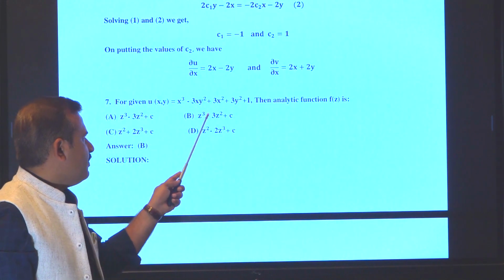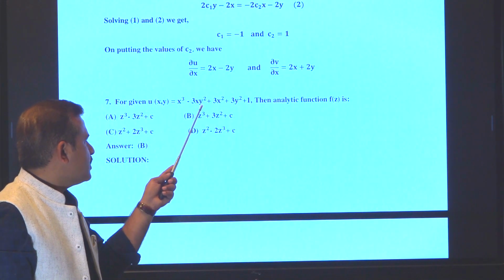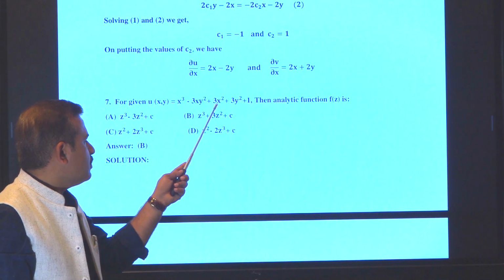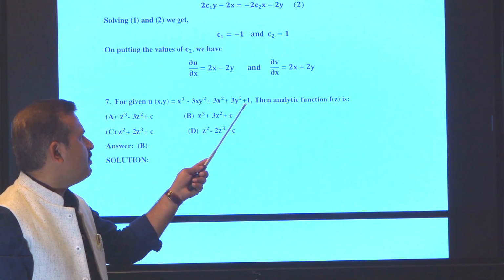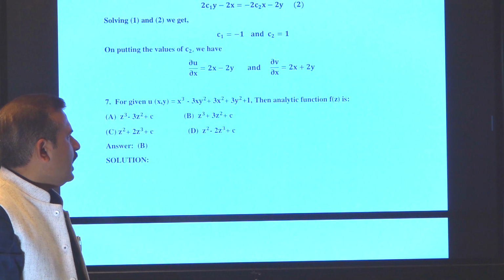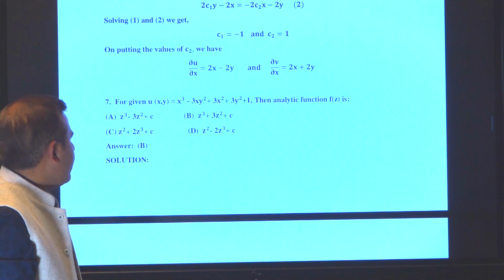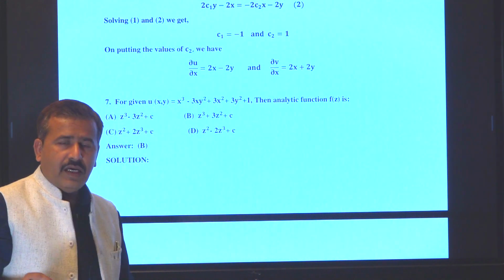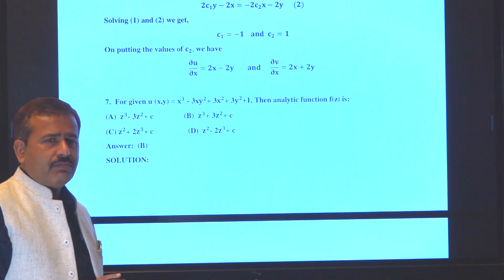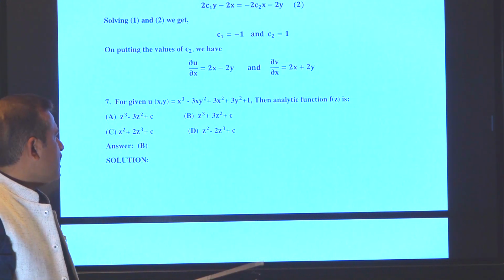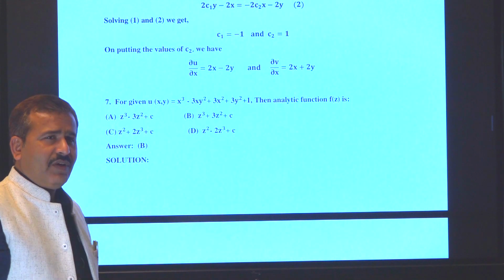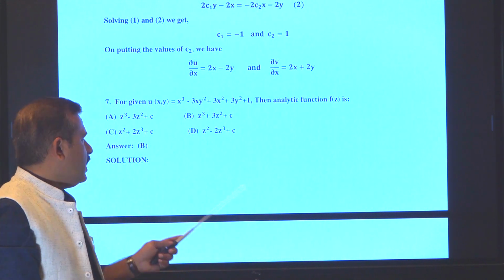U of xy is given, this one, x cube minus 3x square, 3xy square plus 3x square plus 3y square plus 1. And what is the analytic function f(z)? Means here we have already discussed the cases when u is given, when v is given, when u of xy is given.